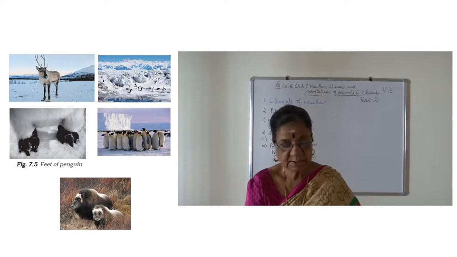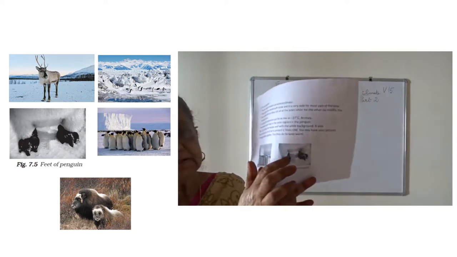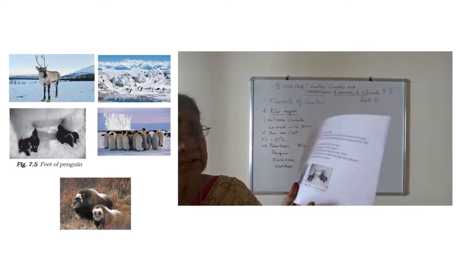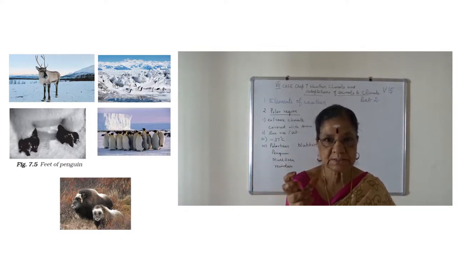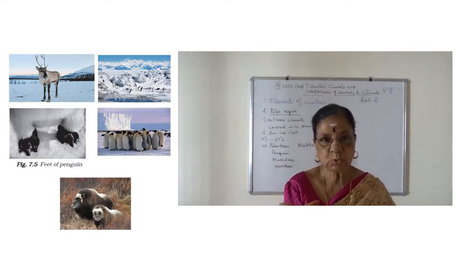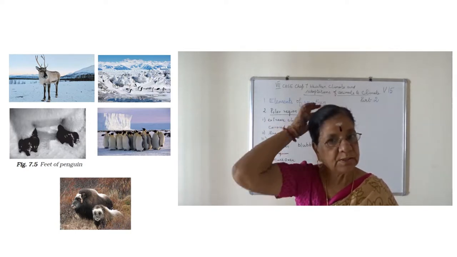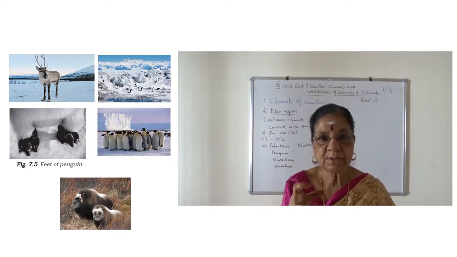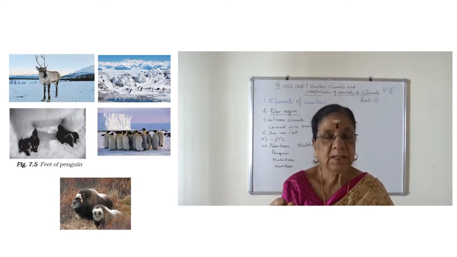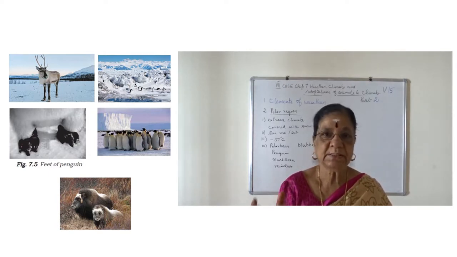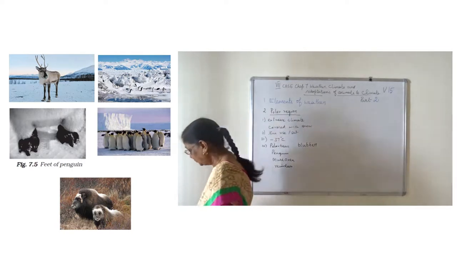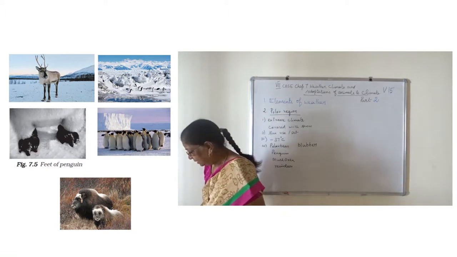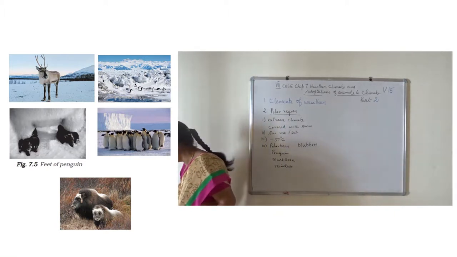And in this picture, it is the feet of the penguin that get a grip on the ice-cold snow. The feet of this penguin are like those of a polar bear. It has sharp claws, and with those it gets a grip. I hope you can understand this. So we have seen the polar bear and the penguin.